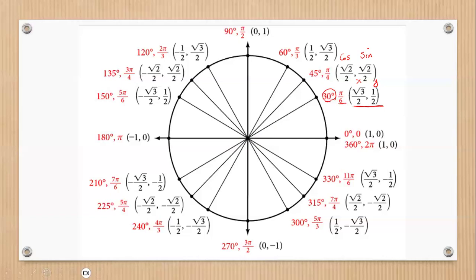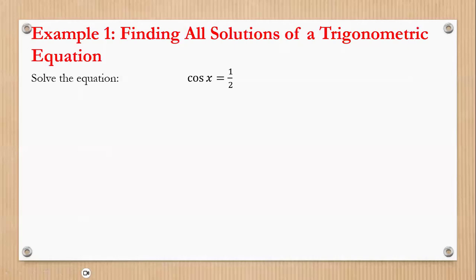Let's look at an example. We want to solve this equation, the cosine of x equals 1/2. When they ask me to solve this equation, that means they're asking me to find x, and I know x is an angle. That means they're asking me to find an angle whose cosine is 1/2.